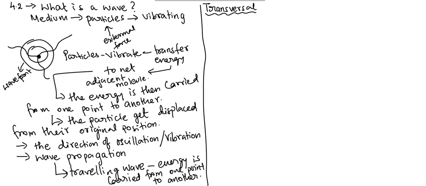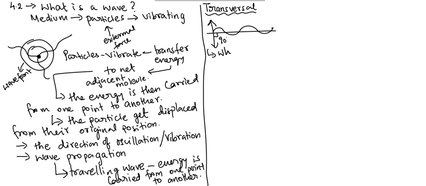What is a transversal wave? It is a type of wave where the particles vibrate or oscillate, let us say in this direction, the vertical, and the wave then propagates in this direction, that is the horizontal. So the wave goes this way, and the particle vibrates like this. So the angle between both is 90 degrees.